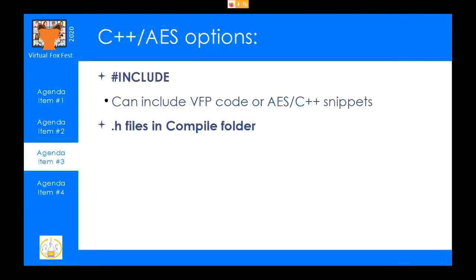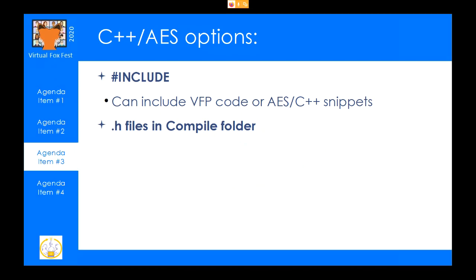If I come back into here, so I showed you can include .h files in your compiler folder, and then when you compile, those will be incorporated with their functionality into your VC DLL. Hash include works a little differently in VFP C Compiler. In VFP9 and VFPA, hash include is used for including definitions, and you can't include code.